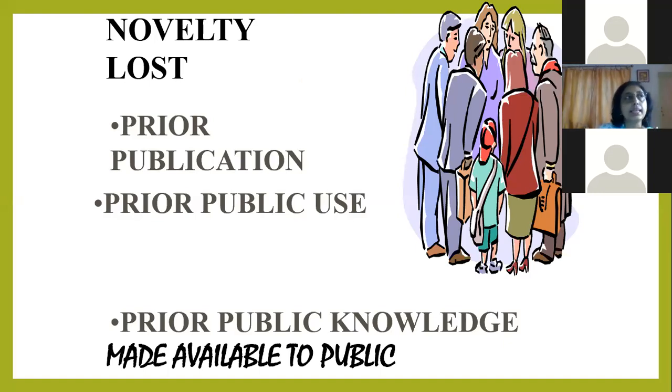Now, when we say that it is novel, how do you check that it is novel? So the idea of checking novelty is to see whether something is done before. So you bake a cake and you say this is totally novel. So what is the newness in it?